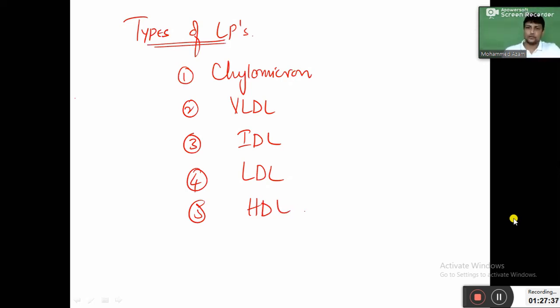So chylomicron, very low density lipoprotein, intermediate density lipoprotein, low density lipoprotein, and high density lipoprotein. That means all the lipoproteins are divided based on densities: high density, intermediate, low, very low. Okay, so all these are your different types of lipoproteins.